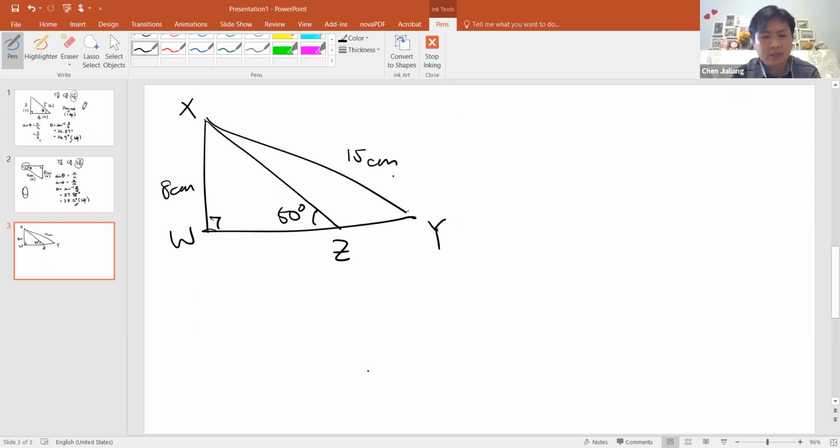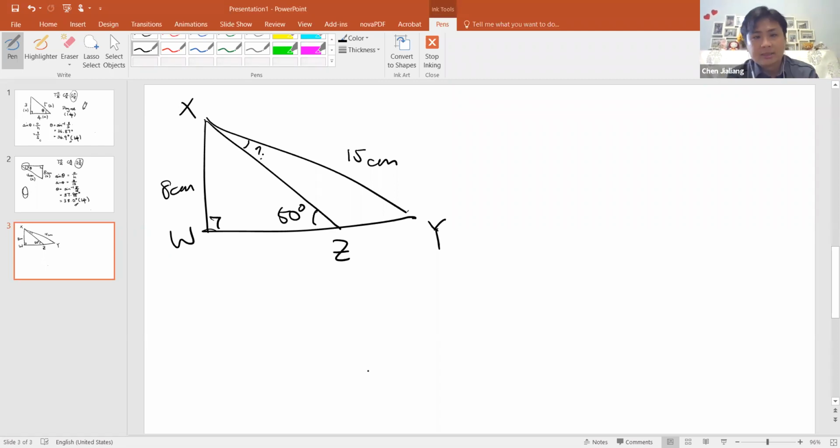So there is a triangle in your activity 3, question 2. In this question, you are supposed to find the value of angle YXZ. I'll call this the question mark.